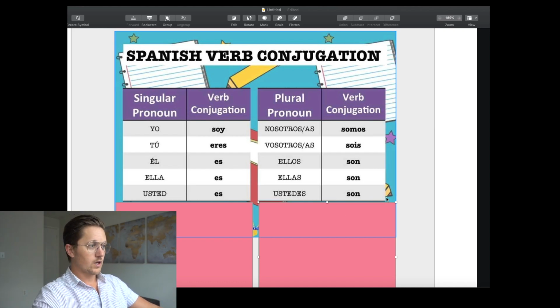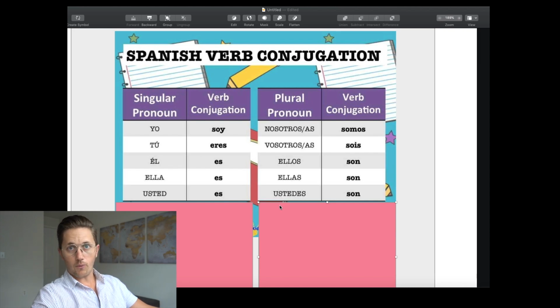Ustedes son. So bear in mind here that with ustedes and with vosotros, in I would say the bulk of Latin America, we're using ustedes. All of Latin America really, ustedes. In Spain, you're going to get vosotros. You don't say ustedes in Spain. So just keep that in mind.